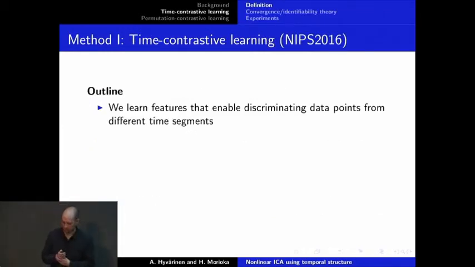Okay, so the first method is called time contrastive learning. Here the intuitive idea is very simple. We basically learn features that enable discriminating data points from different time segments.